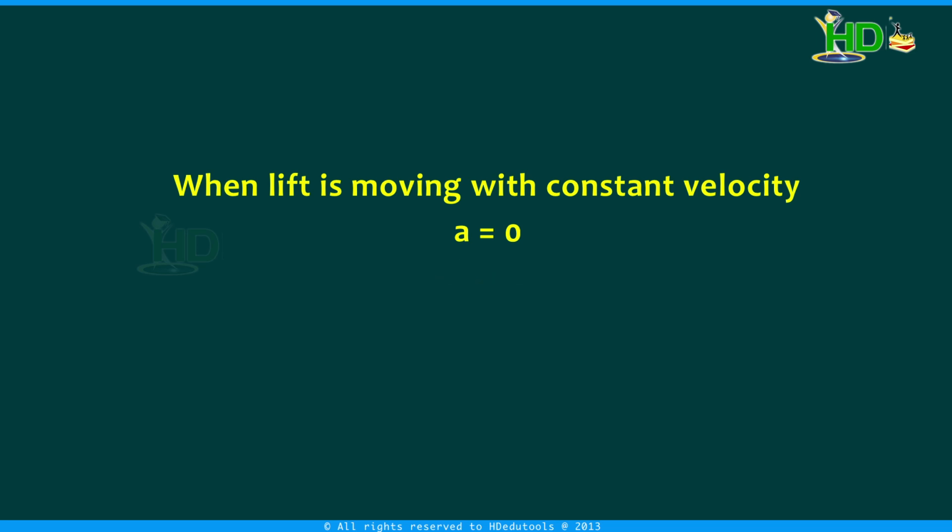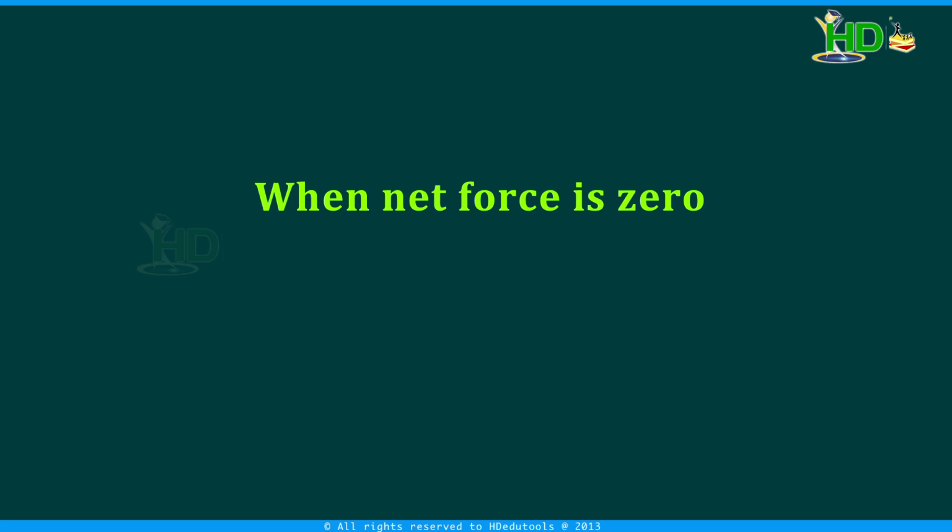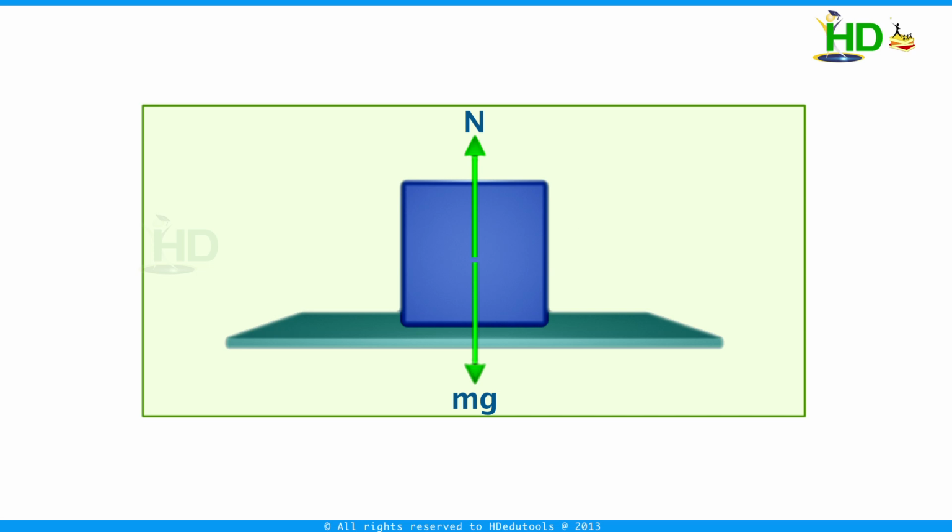Now we take another concept, equilibrium. A body is said to be at equilibrium when the net force acting on the body is 0. Suppose I consider an object of mass m placed on a horizontal surface.